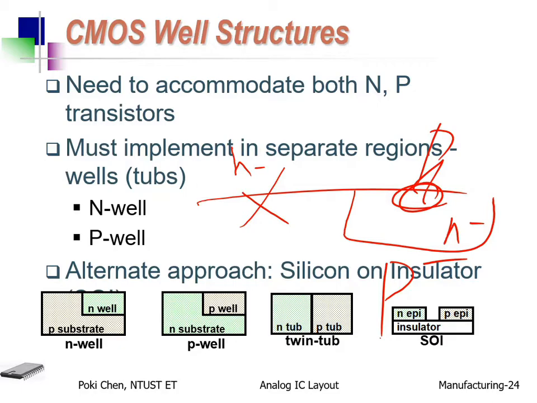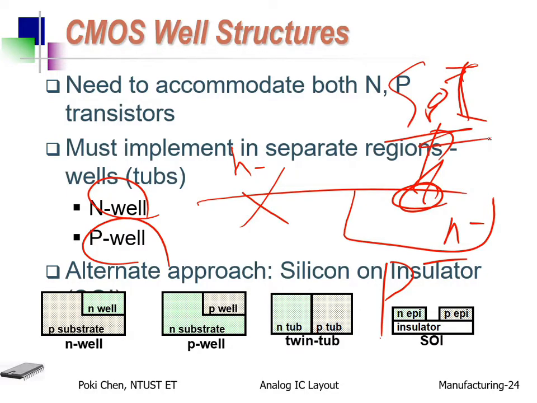Anyway, we have N well or P well. Sometimes we have both, especially for SOI, silicon on insulator. Oh, IBM from the beginning was the best for SOI.